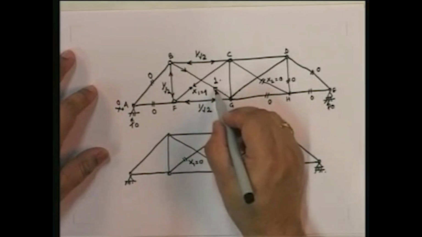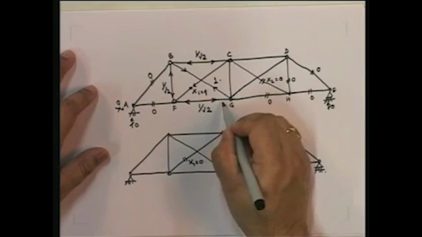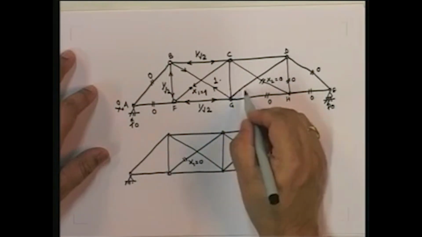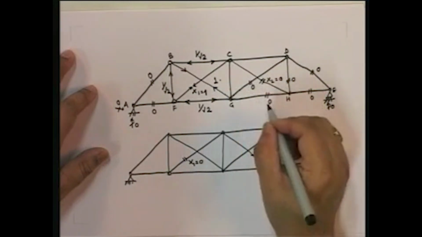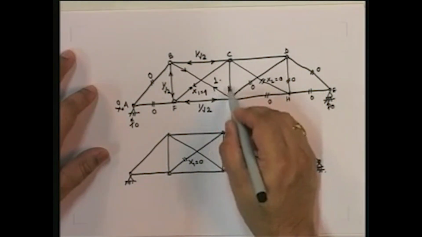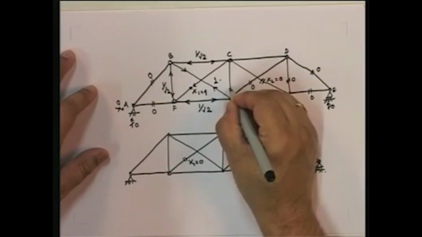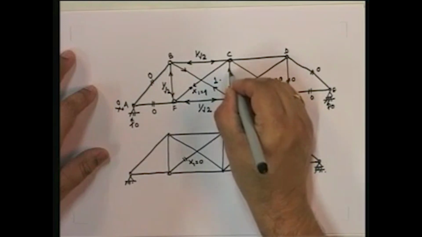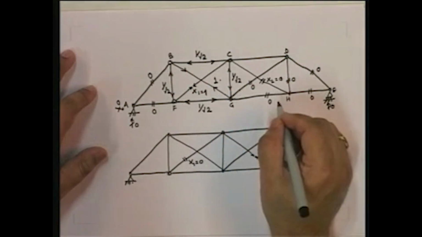So the horizontal component of this is 1 over root 2, and this is opposite, so summation equal to 0. So therefore this force has to be equal to 0. Now if this force is equal to 0, then only the vertical component of this comes in here, and if we look at this, this becomes 1 over root 2. Okay.